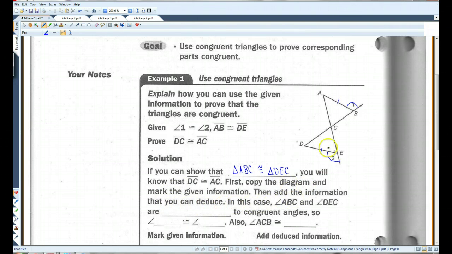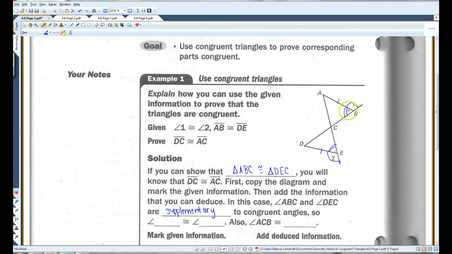In this case, angle ABC is congruent to angle DEC. In this case, these two angles are supplementary to congruent angles.